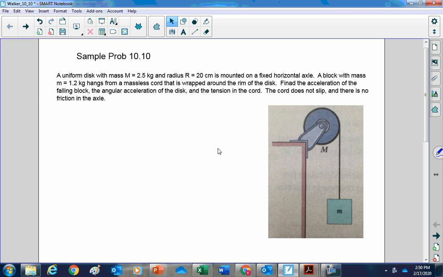This problem uses both the rotational and translational versions of Newton's second law. And here we have a pulley that is massive, so its rotational inertia matters this time, instead of the old pulleys on our Atwood machines that were massless. So we have to pay attention to how much it resists rotating.